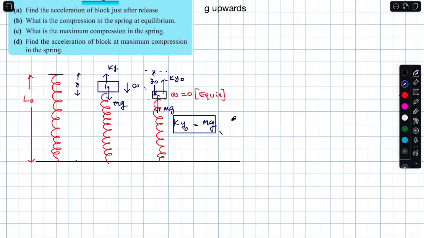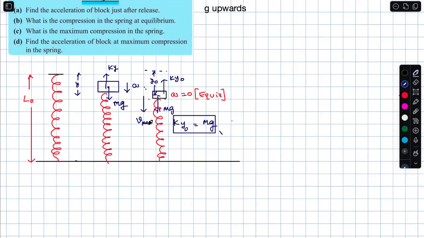That is the equilibrium. Remember, at this stage, the block will have maximum velocity. At the equilibrium position, the block will have maximum velocity.